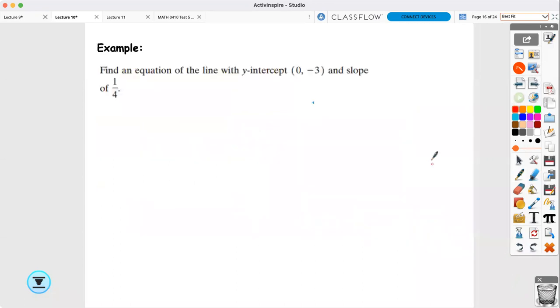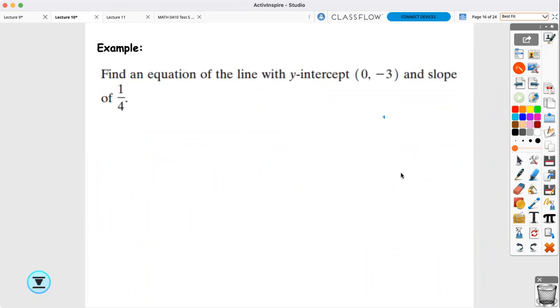All right, so now it gets a little more algebraic. I'm gonna let you write this example down. Find an equation of the line with y-intercept 0, -3, and the slope of 1/4. I'll give you about a minute to copy this down before I jump into it, okay?